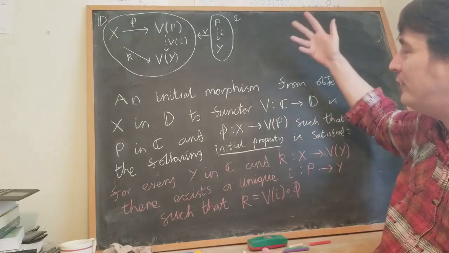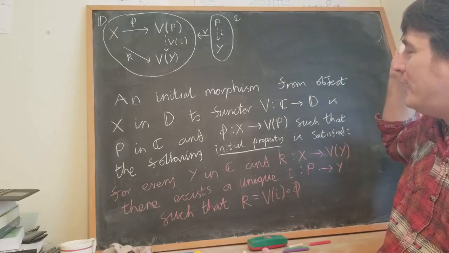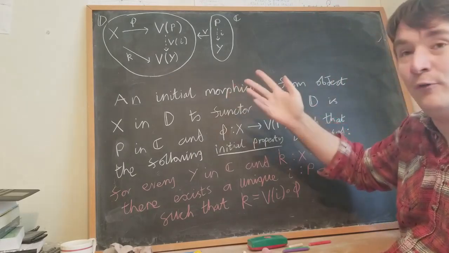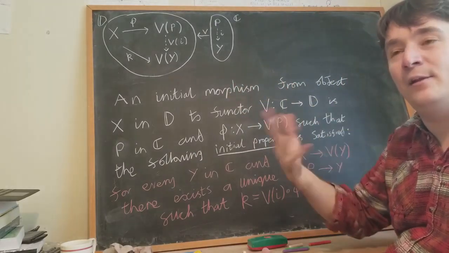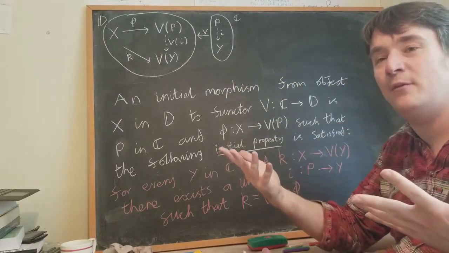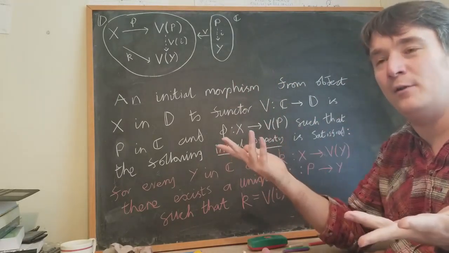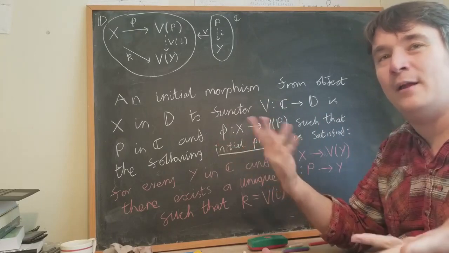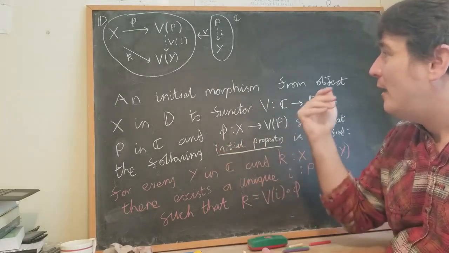But now I'm going to define the idea of an initial morphism. And basically, this is the core content of the idea of universal properties. There are a few pieces of terminology, but I'll explain that as I go along.